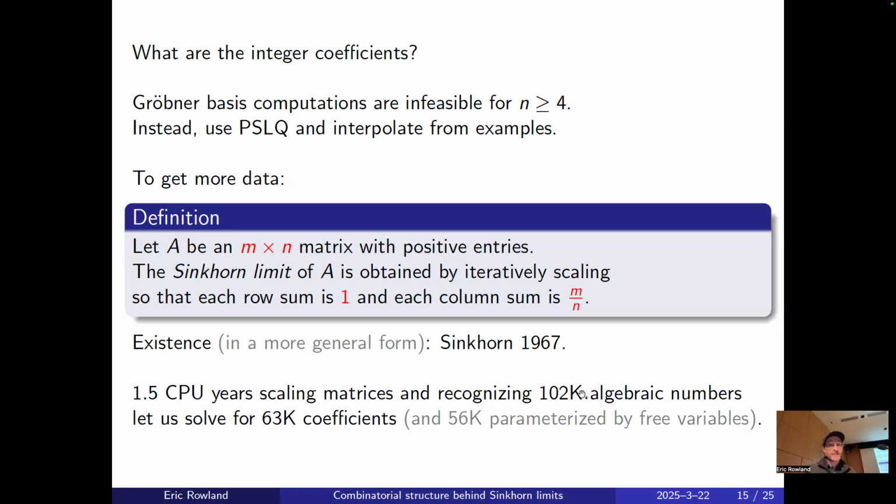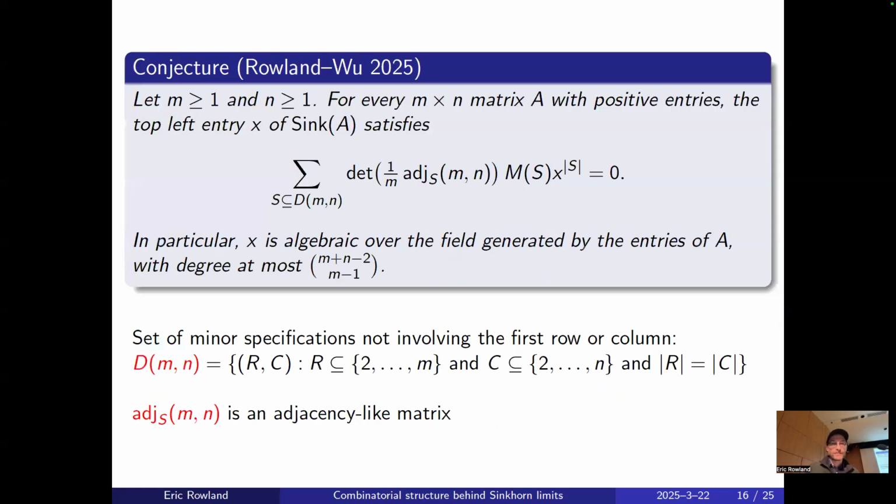So we ended up recognizing 100,000 algebraic numbers. This let us solve for 63,000 coefficients numerically, and then there were another 56,000 that were parameterized by free variables, which was annoying because if we could solve these linear systems exactly, it would have given us a lot more data. But the solutions were unique.